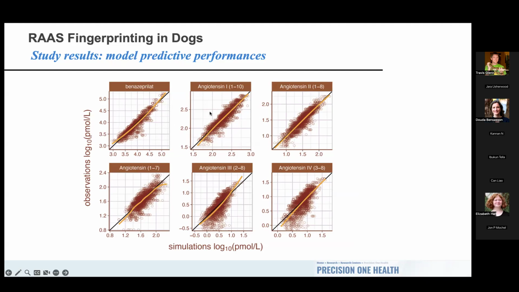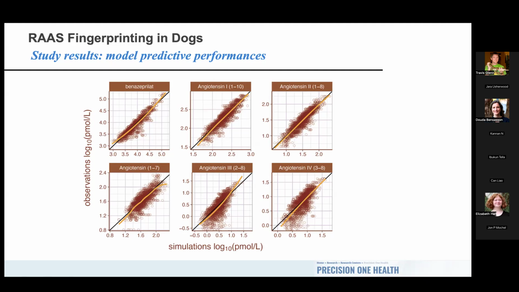And then we had the same thing for the various biomarkers, which translate the effect of that drug on angiotensin 1, 2, 1-7, and other angiotensins. And as you can see from that graph, we had very good agreement between the model-based predictions and the actual observations over that population of dogs. So we get some consistency across the different biomarkers, and the model was able to capture most of the signal in these dogs.